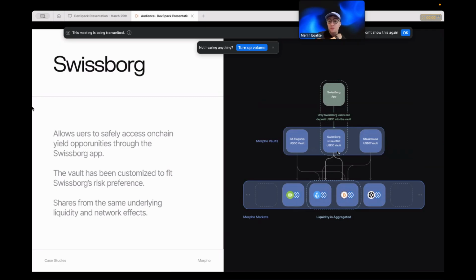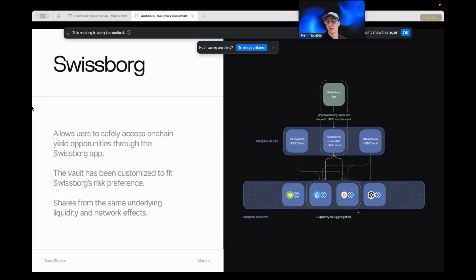Swissborg product. The cool thing about this is that at the market level, the liquidity is reaggregated, in the sense that imagine Stakehouse's USDC Vault is depositing assets into that WBTC USDC market.